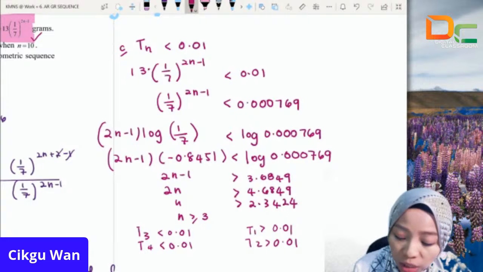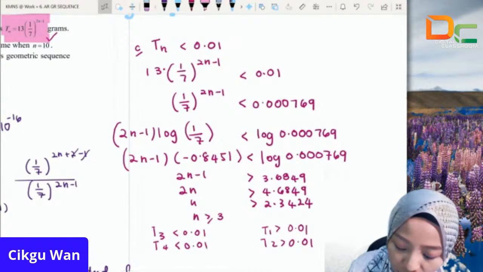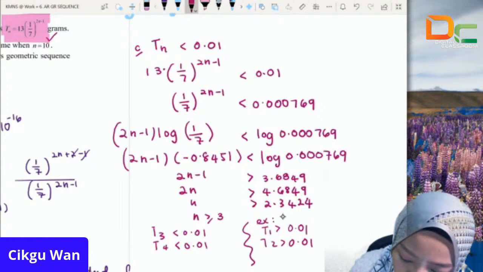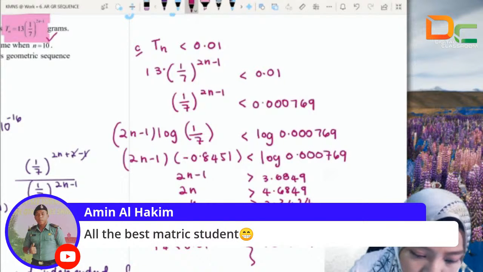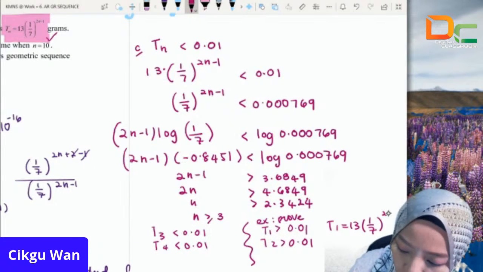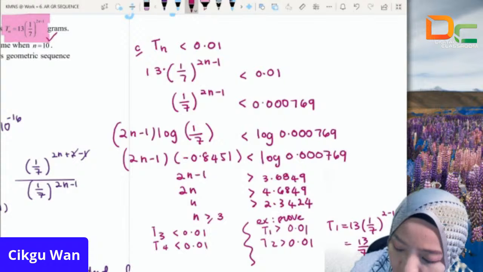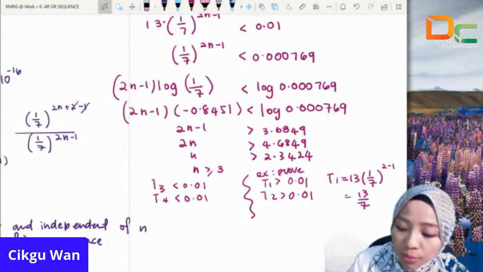Okay, I tunjuk satu, yang lain you buat sendiri. Contoh you masukkan satu dalam Tn. Example. Okay, proof. T1, you masukkan 13/7. 2 times 1, 2n, so 2 minus 1. So 13/7 tu kan adalah 1 point something.